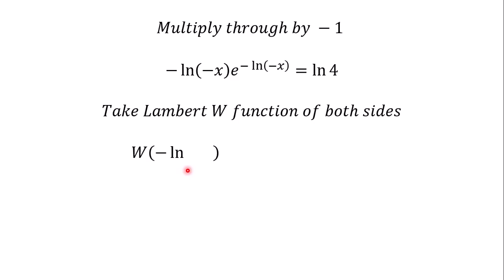Good. Here, what is here is the same thing as what is here, so you get something back. So the something here is minus natural log of minus x, but when you come here there is no something, so this W will still be on this one until we get something times e to the power something.